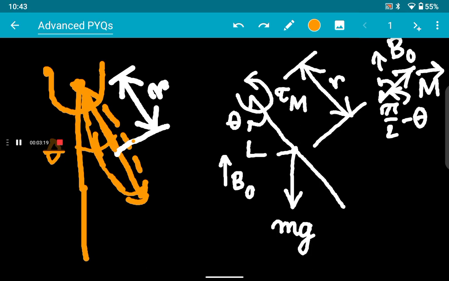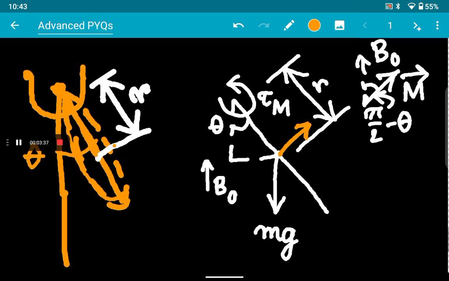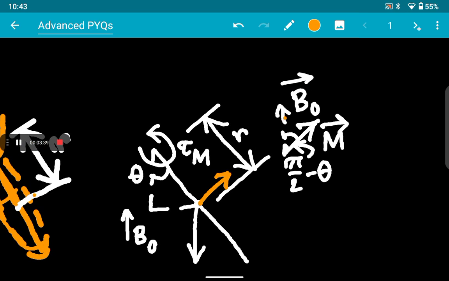So we have gravity like this, mg, and an upward magnetic field, and due to this upward magnetic field, this will also have a magnetic moment in the direction of its area vector. The direction of its area vector is like this if you consider positive magnetic moment, and the direction of B0 is upward. So this is the vector diagram.